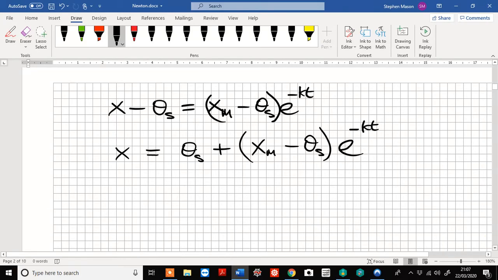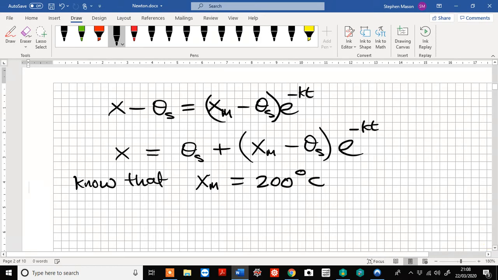But we do know, whoops, I can't even write now. We know that xm, the maximum temperature that the body has at time t equals 0, is 200 degrees C. That is a constant at that time of t equals 0.